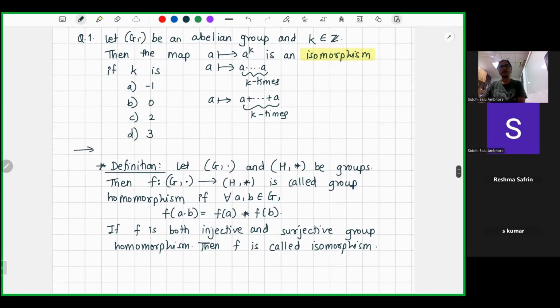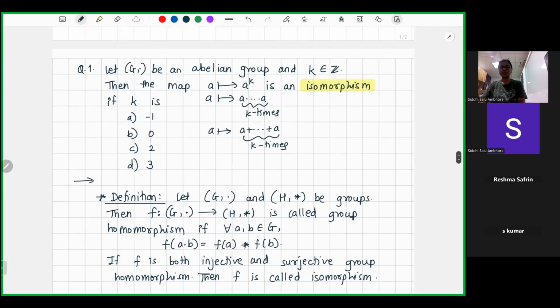So, what is your guess for which K? Options given are minus 1, 0, 2, 3. Note that A going to A power 0: by convention, A power 0 is considered as the identity element.